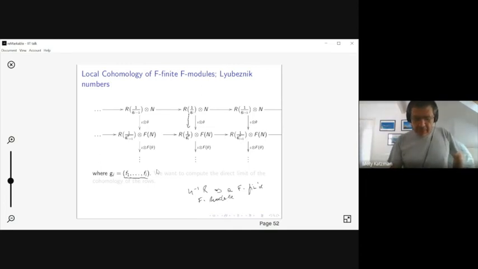But now what we want to do is take the cohomology of the rows, and then take the direct limit, the vertical direct limit of the cohomologies of the rows, because this is how you compute the cohomology of this complex of generalized fractions that gives you the local cohomology module with support M. Remember that these were M filter sequences.